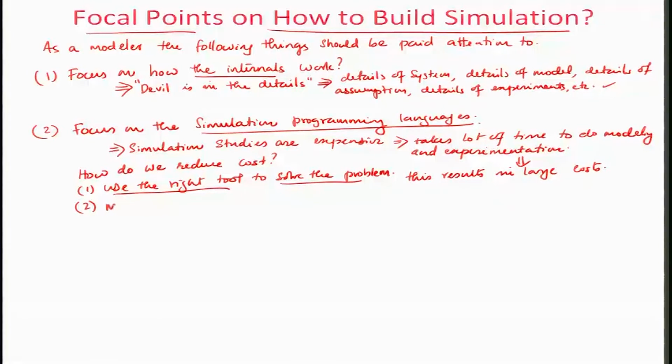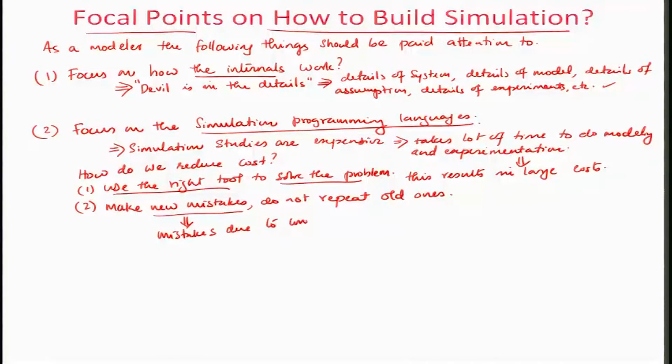The second one is make new mistakes. Do not repeat old ones. When you are building a simulation model, because the system is complex, there will be mistakes due to complexity. If you make a mistake, that is all right; correct it and do not make it again.